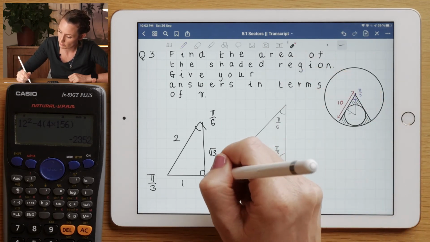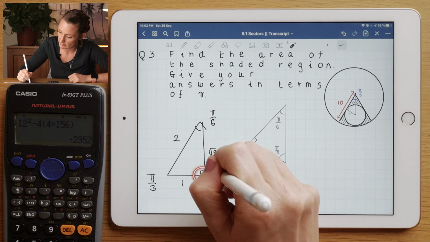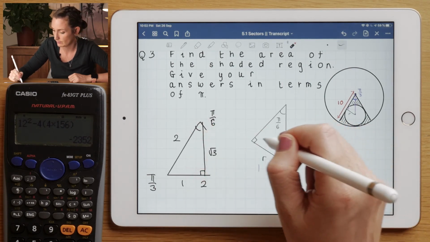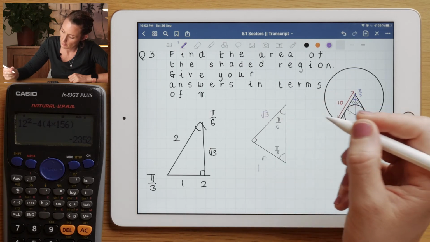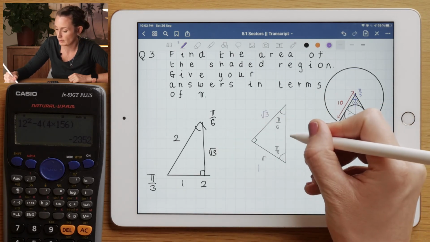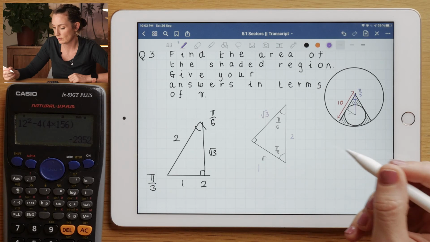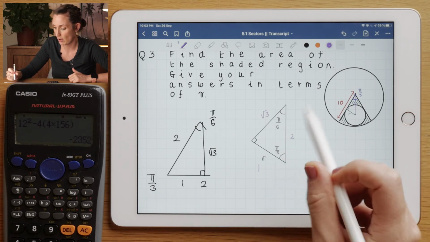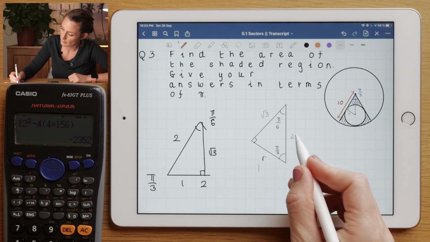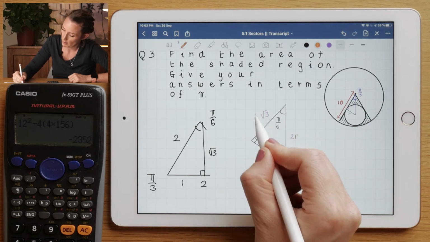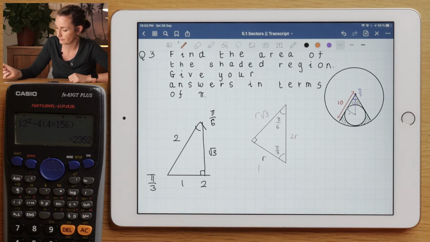The side that would correspond to square root 3 would be between the right angle and pi over 6. And the last one, the hypotenuse, would be 2. So what you can do is you can work out that the scale factor must be r. So this must be 2r, and this must be r square root 3.